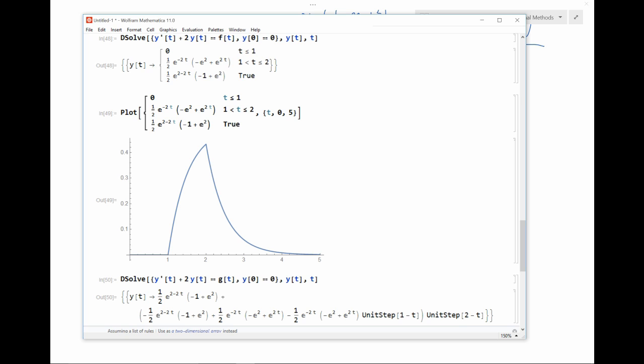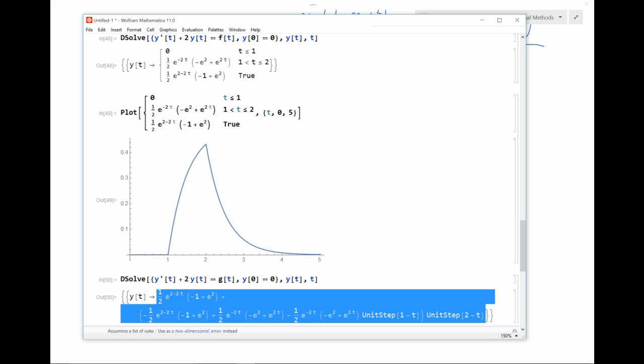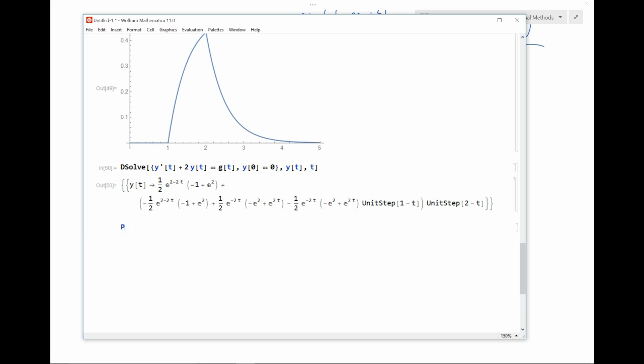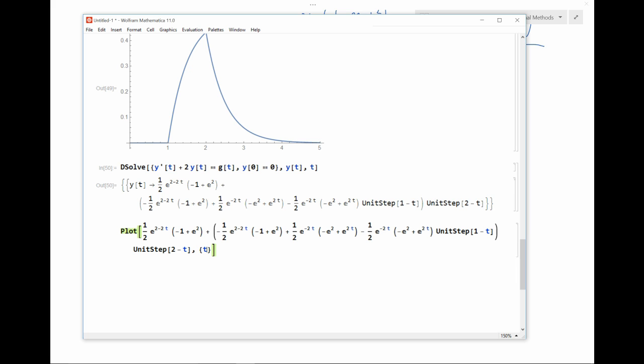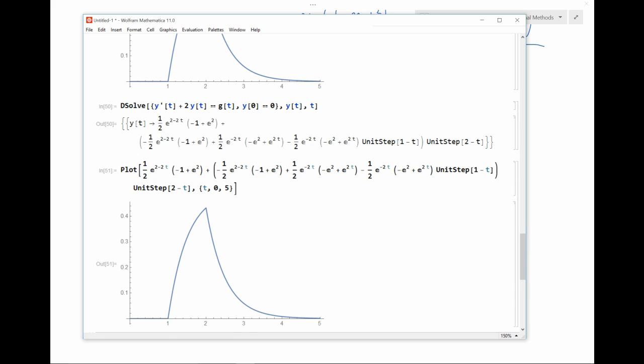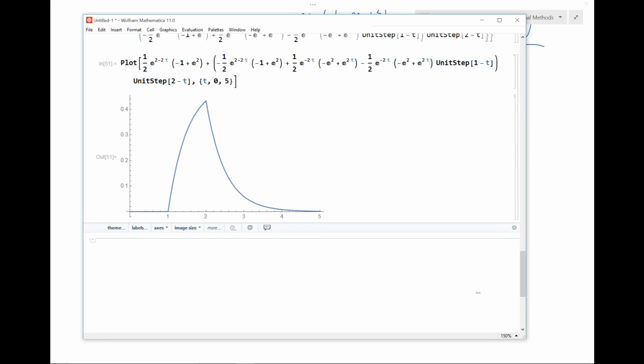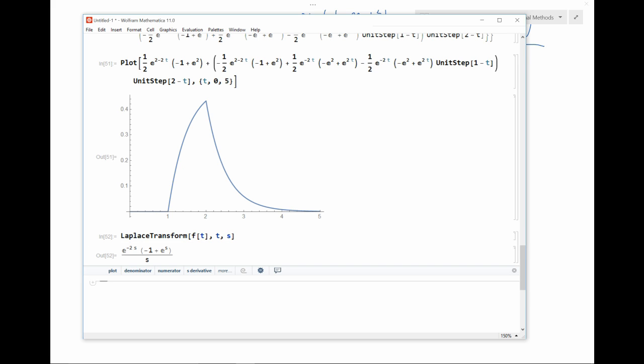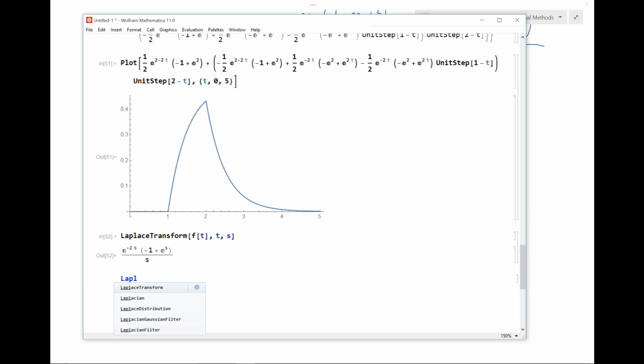Well, the answer looks a little bit different. The answer has the unit step functions and other things. But the result is exactly the same. If you plot it, you get the same function. What happens if you take the Laplace transform of f of t and the Laplace transform of g of t?